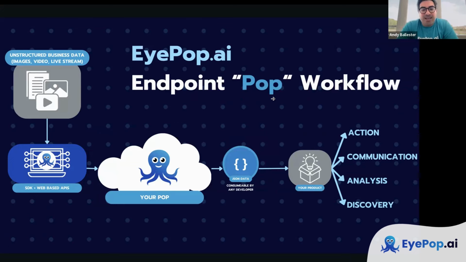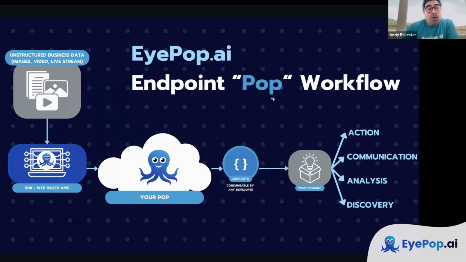And a POP is an endpoint in the cloud. It's got an AI worker server attached to it to do work, and it is running a computer vision recipe. And we'll talk a little bit more about what that means. And we'll also talk about POPs in other places. It doesn't just have to be our cloud. Later, we'll talk about it being your cloud or some edge devices.